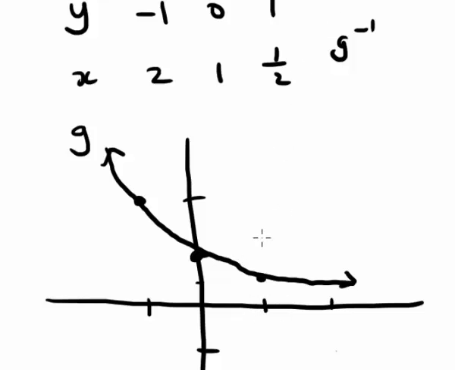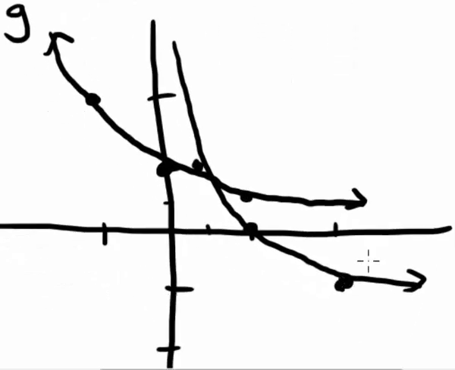Now, the inverse would be, if x is 2, then y is -1, which would be there. Then you've got x is 1, y is 0, and if x is a half, the value there is going to be 1. So if we draw this graph, it looks like this. It's also a function. It's the inverse of g.